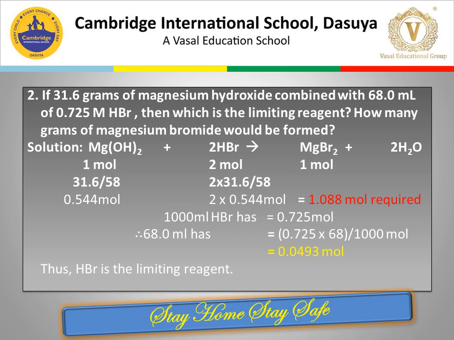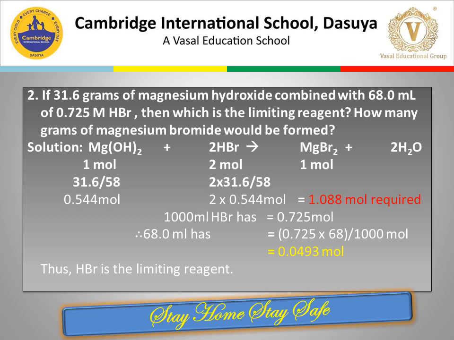Therefore, 68 ml will have 0.725 upon 1000 into 68, and that works out to 0.0493 mole of HBr.